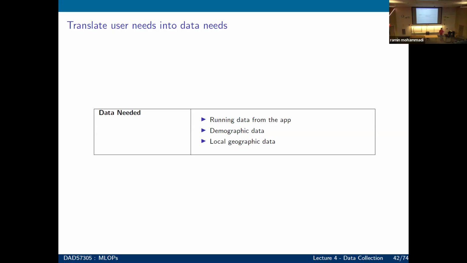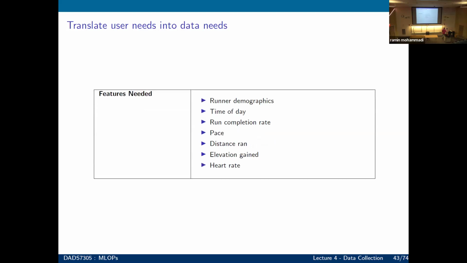So you need to be sure that you can translate user need into data needs. The data needs you will have are probably running data from some app, demographic data, and local geographic data, because you're supposed to offer a good path for running. So these could be three data needs that you have.